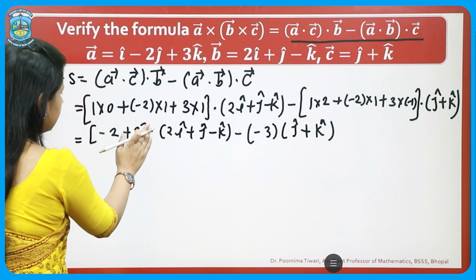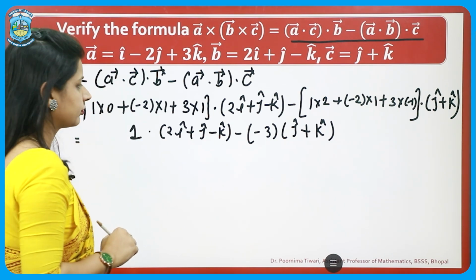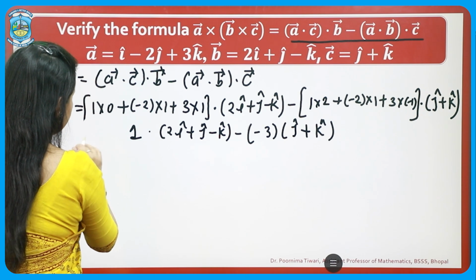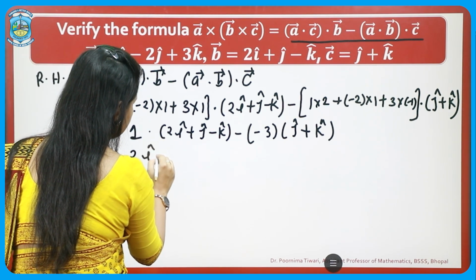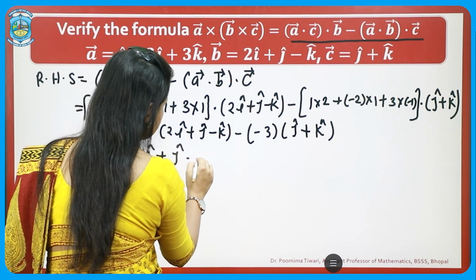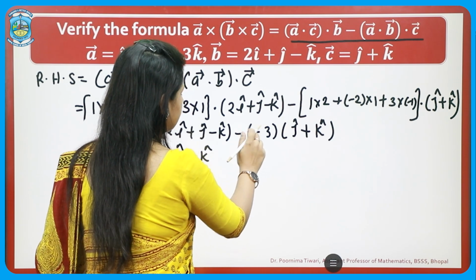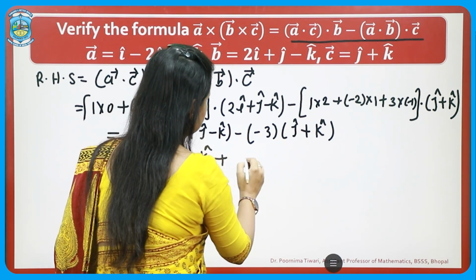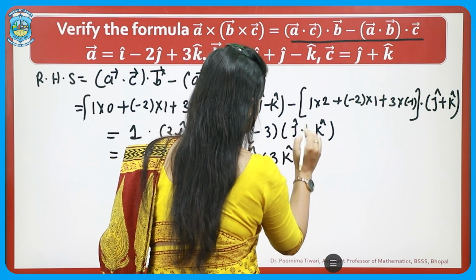Now, this term is 1. When we do scalar multiplication, this value would be 2i cap plus j cap minus k cap. This minus minus plus, we will multiply 3, that is 3 j cap plus 3 k cap.